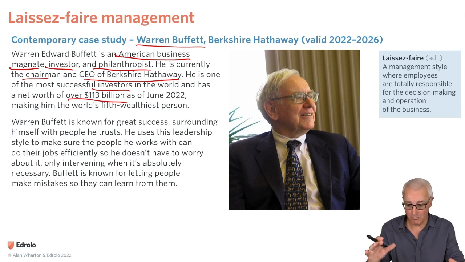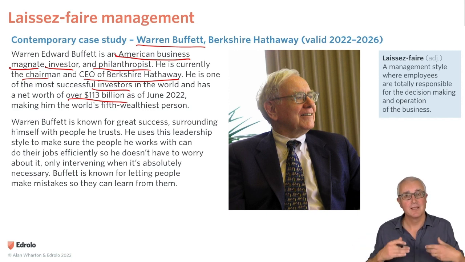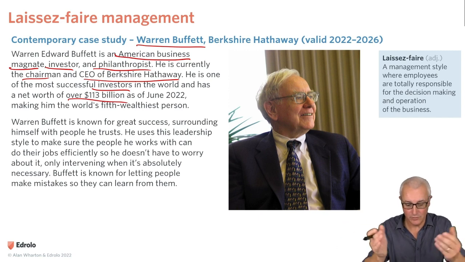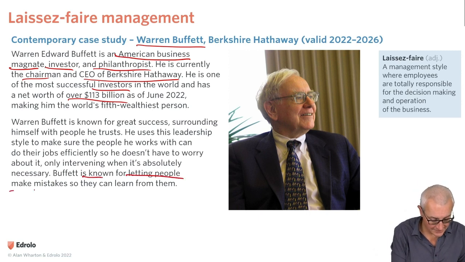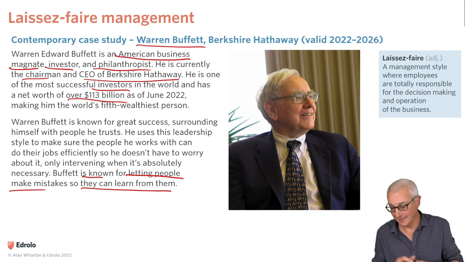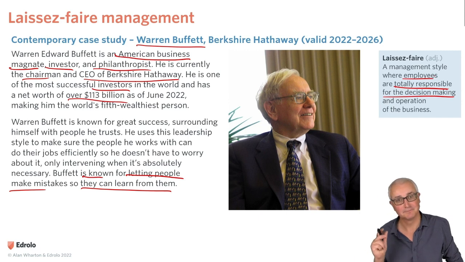He's running the business and is ultimately accountable for what happens. But his trust and level of empowerment for people working on the individual projects is really, really high. He's known for letting people make mistakes so that they can learn from them: empowering, entrusting, leading, and allowing them to be responsible for the decision making.